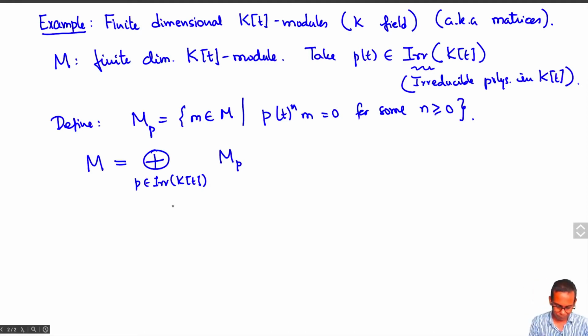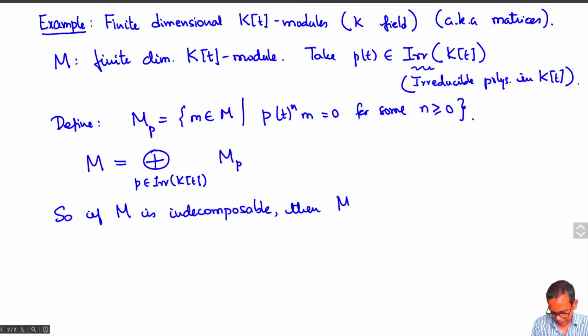There's no choice here. But then each M_p need not be indecomposable in general, but certainly if M is indecomposable, then M is equal to M_p for some irreducible polynomial p(t) in K[t].